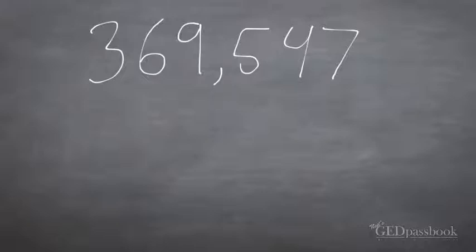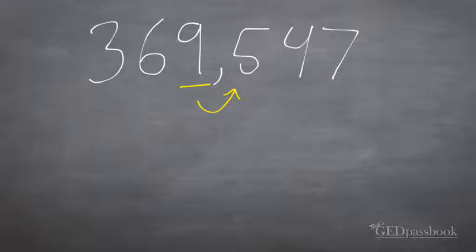So what's the thousands place? 9. That's the thousands. Look to the right. 5. What rule does that fall under? 5 to 9, you add 1.